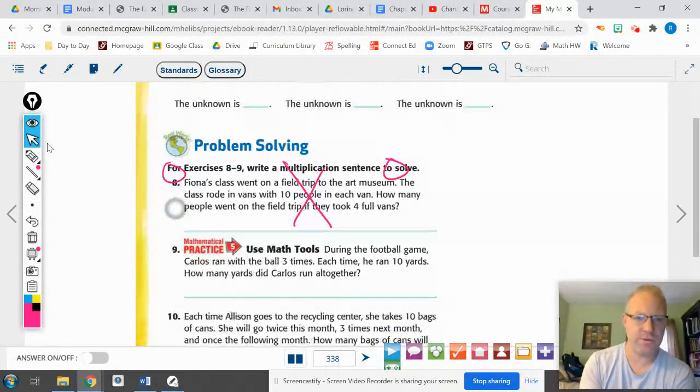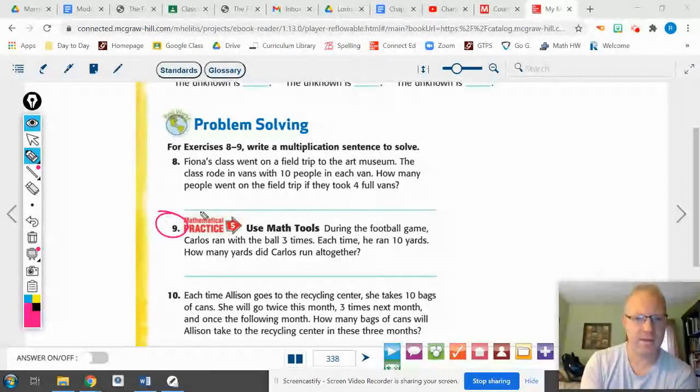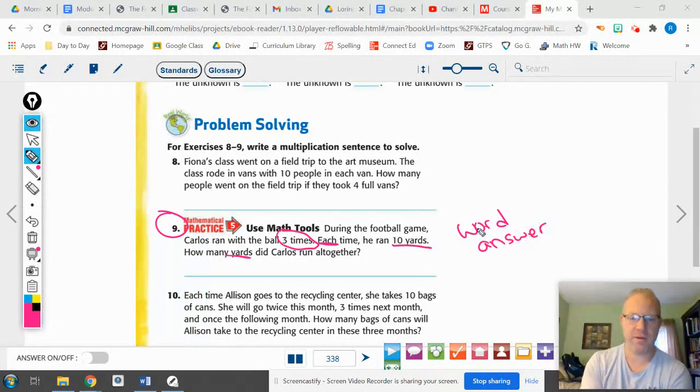For exercises 8 and 9, number 9, we're looking at 3 times, which is each 10 yards. How many yards did he run together? So don't forget, word answer. After you put your number, put a word.